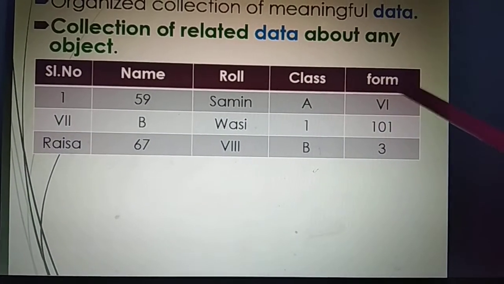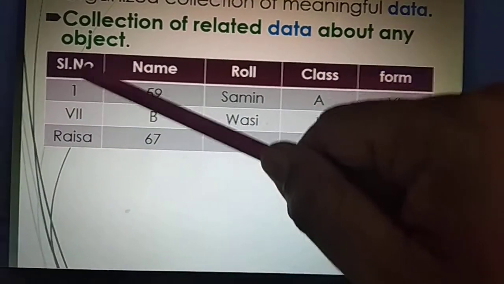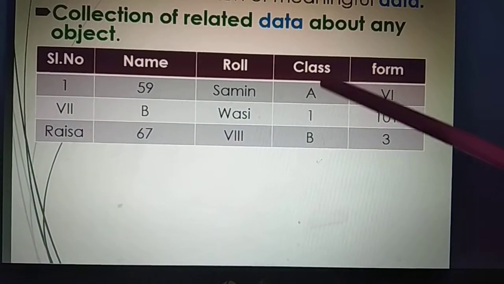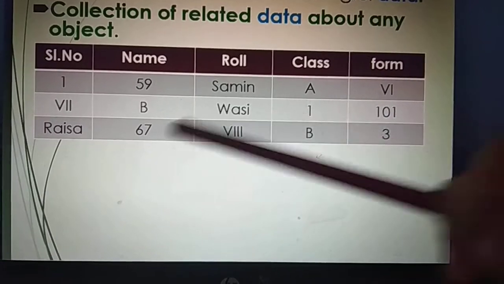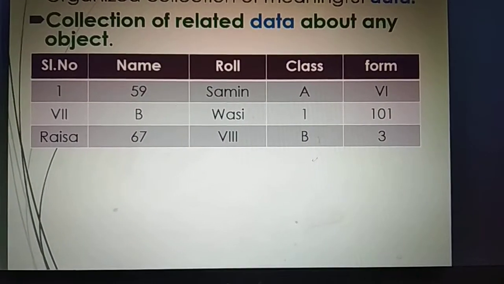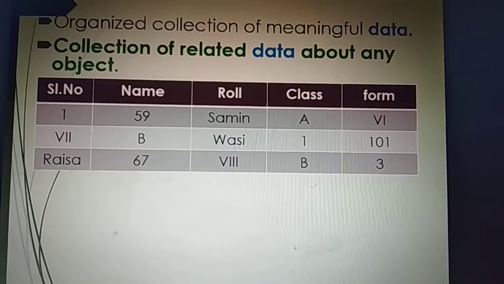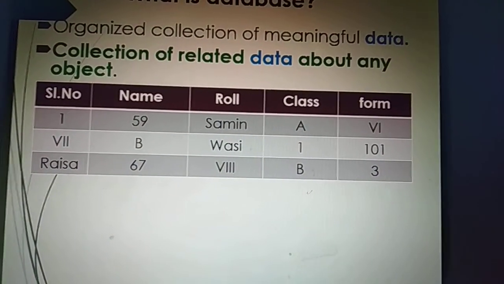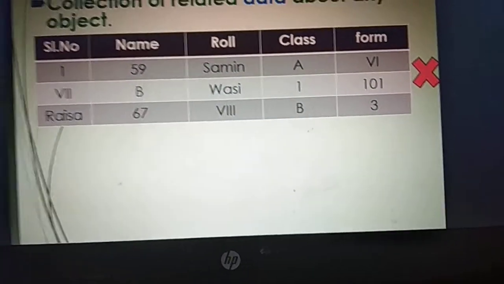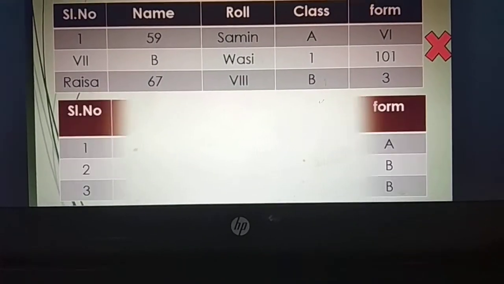Class A, form 6. Serial number 7, name B, roll Wasi, class 1, form 101, and so on. So we have the data, but these data are not arranged in an organized way, so this is not a proper database.